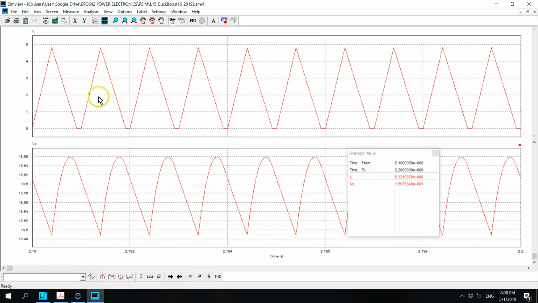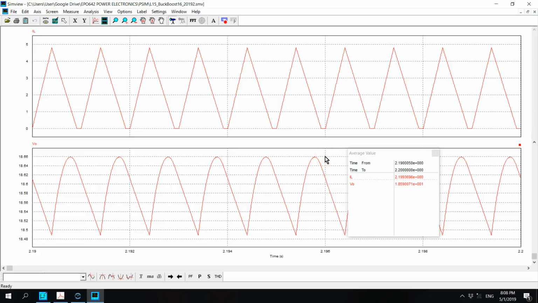intermittent. This is under the discontinuous inductor current operation, and therefore when we operate under this discontinuous current mode, you cannot apply that equation anymore. The output voltage equation, which is V in multiplied by D divided by 1 minus D. The output voltage is always greater than the voltage found by that equation.